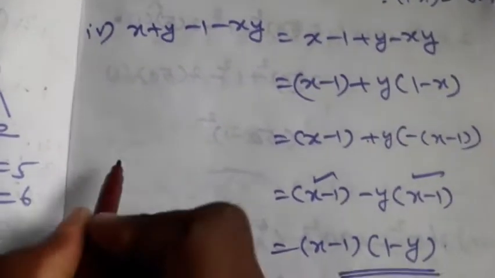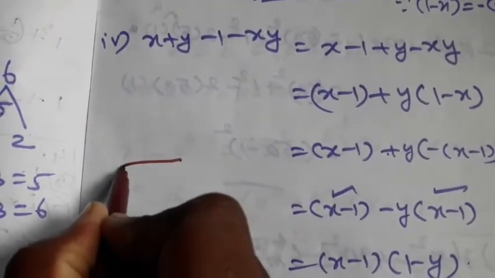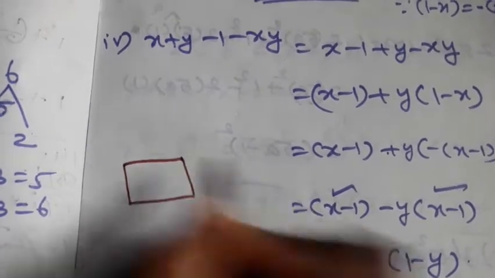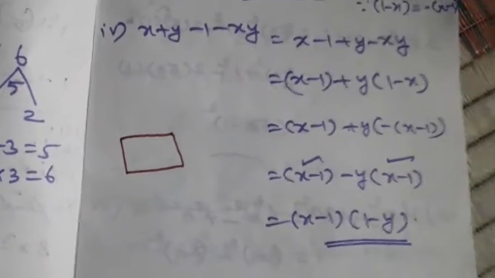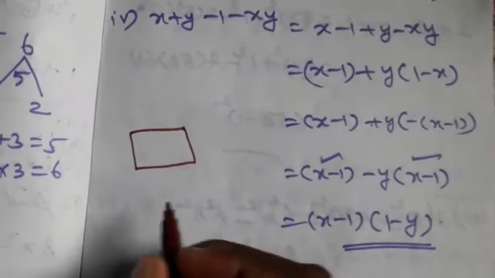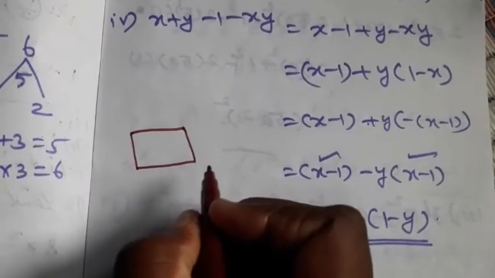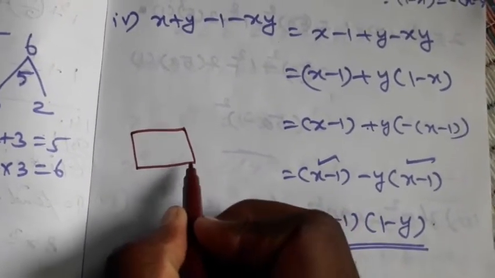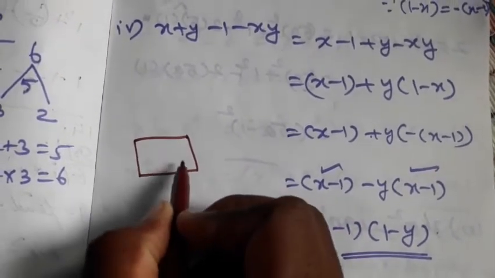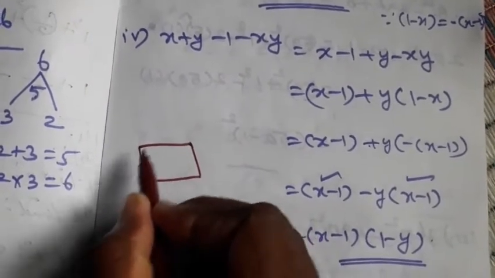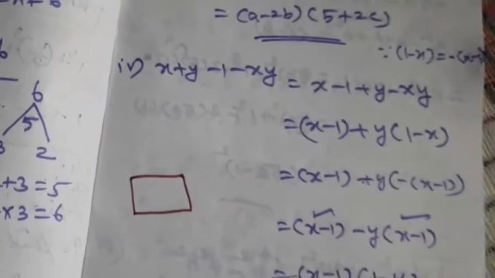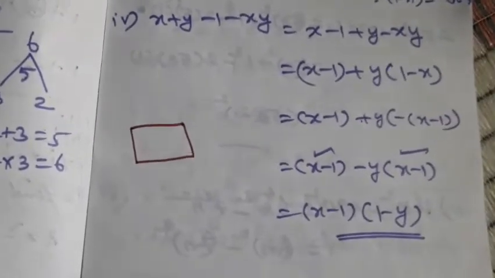Listen, for example, I am taking one rectangle. What is the area of a rectangle? Area is the region occupied by the closed shape. In the inside, in the four lines, how much place we occupy, that is the area of the region. Next, perimeter. What is the perimeter?